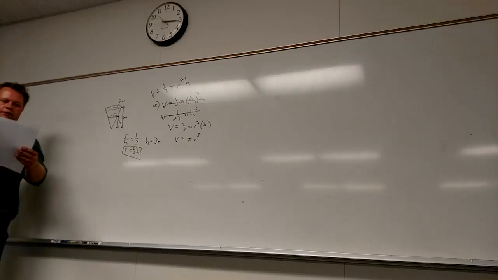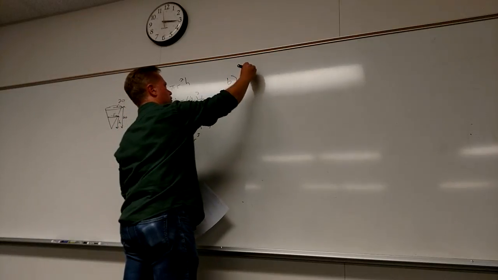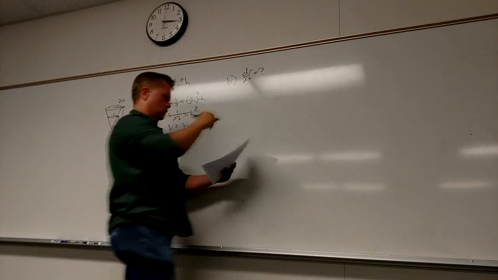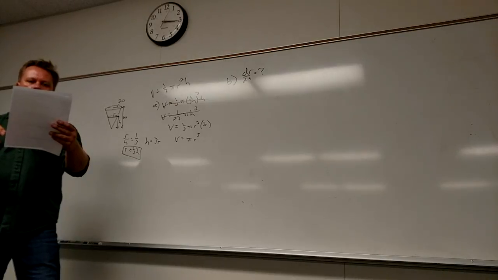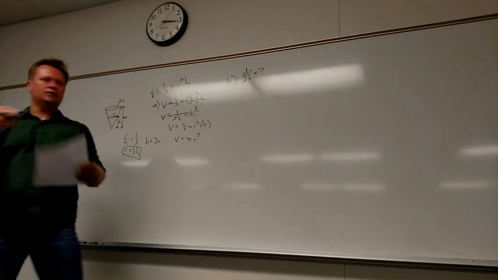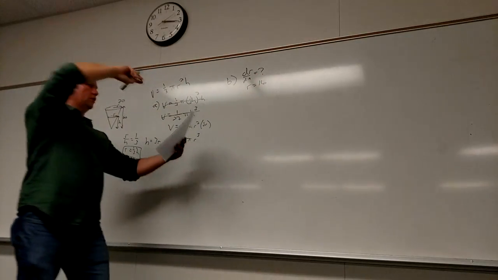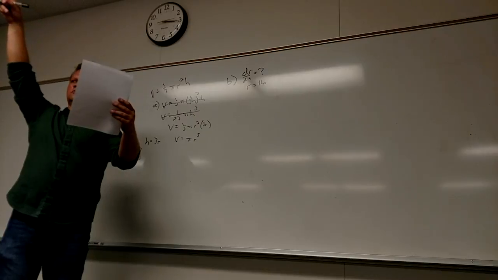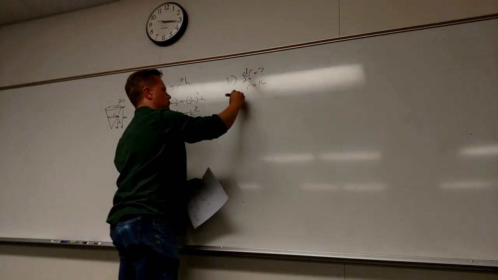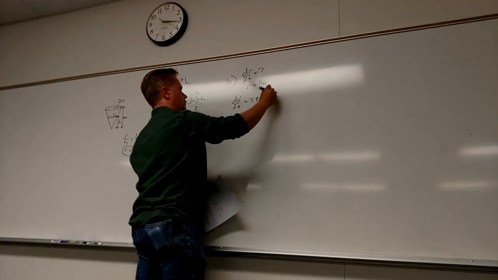So part B now, they ask me, what rate is the radius shrinking when the radius is 16 feet? So I know what I'm looking for is dr dt. And what do they tell me at the very beginning? dV dt is that freaky 48 pi cubic feet per second.